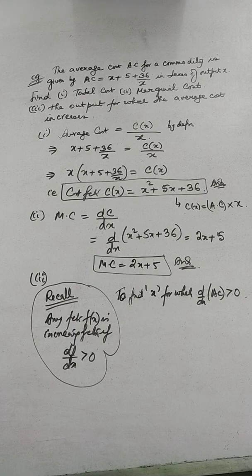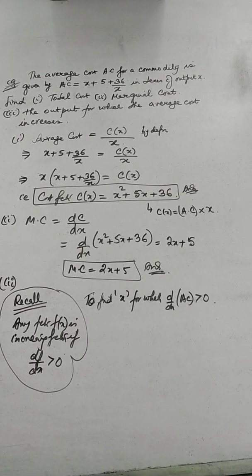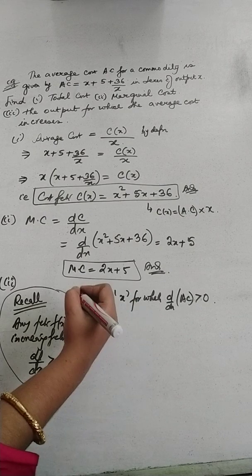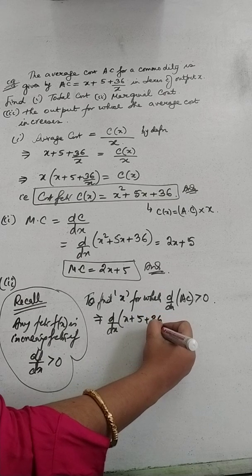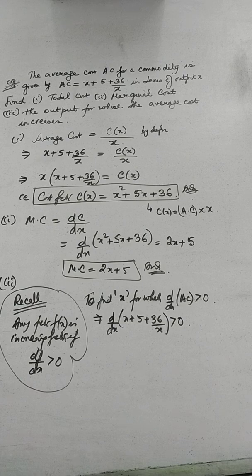So let's solve this. So this implies that d/dx of, what is AC? Let's write it, x plus 5 plus 36 by x has to be greater than 0. This is our desire according to the question.